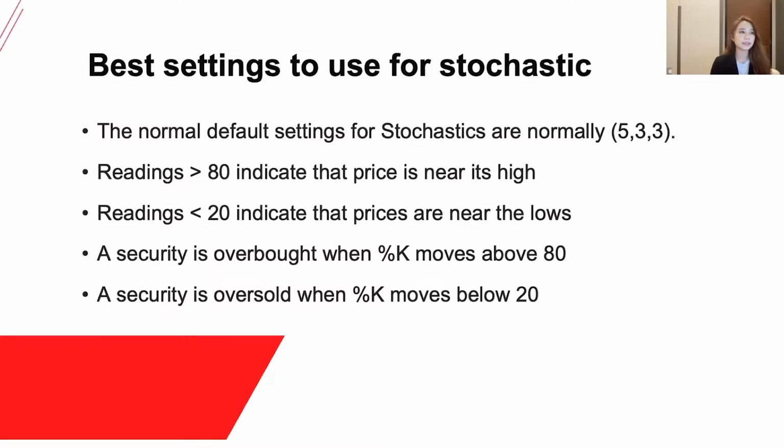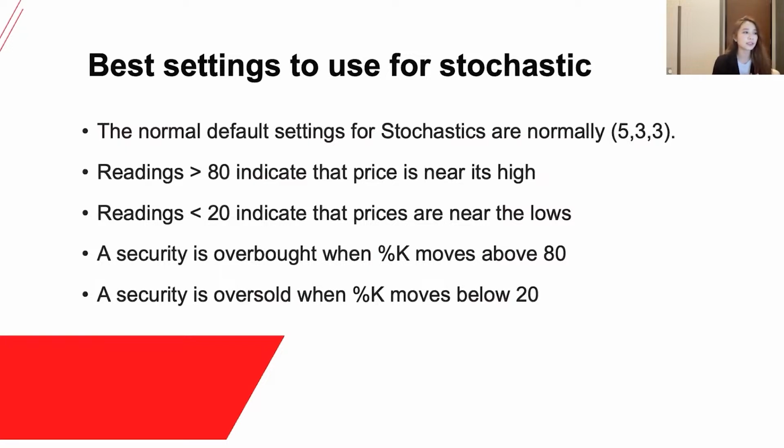You will see these numbers appear in the settings of the stochastics indicator on any trading chart website or app. Readings above 80 indicate the price is near its high, and readings below 20 indicate that the prices are near the lows. So we have an upper bound and a lower bound, a range, at 80 and 20.